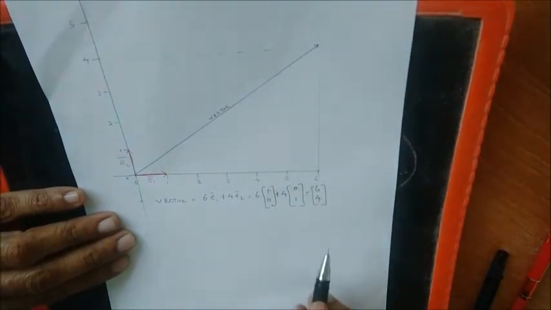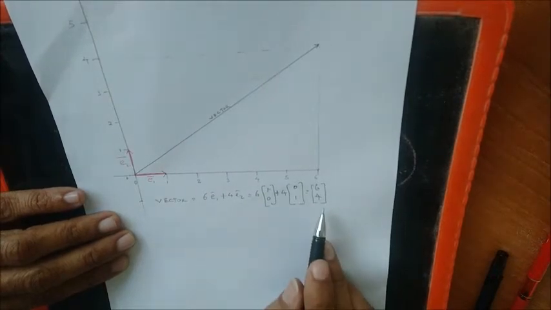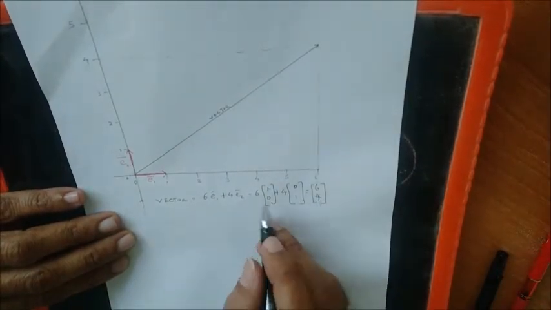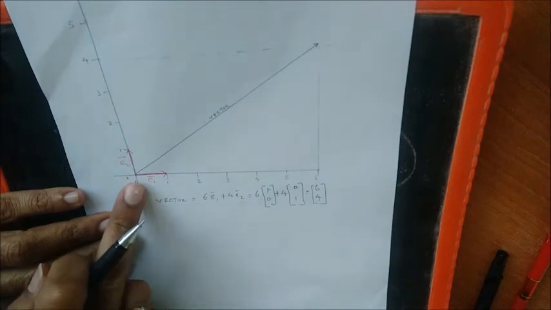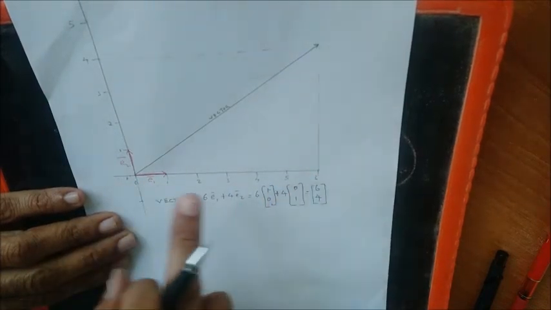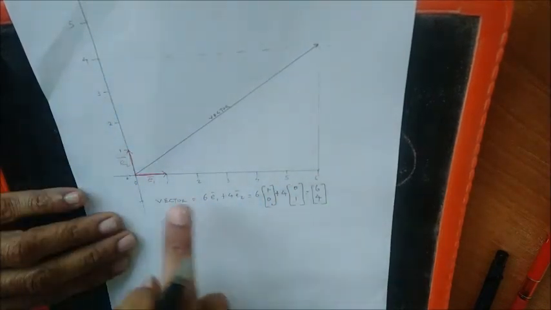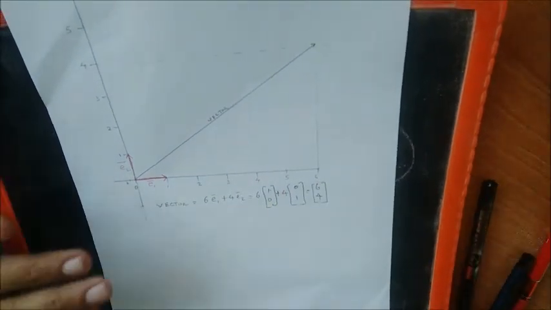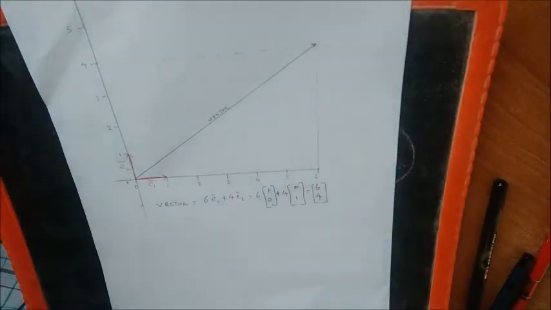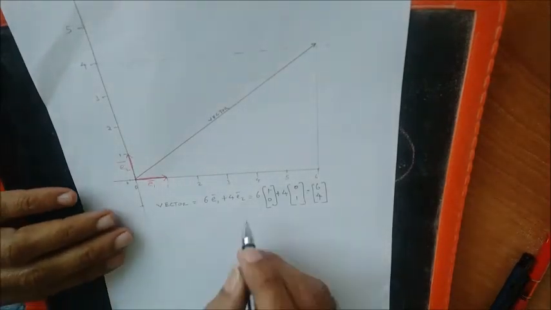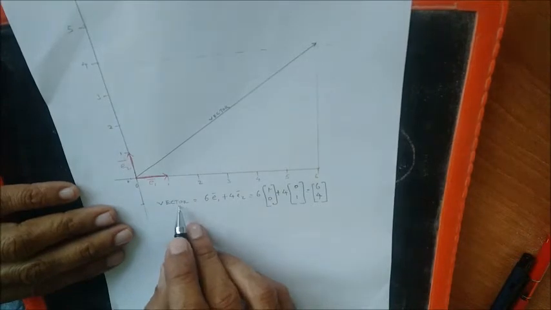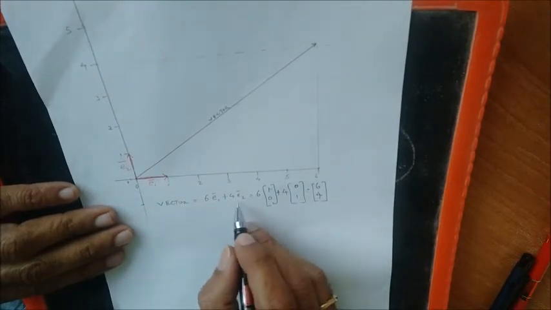Now this 6, 4 is the number of times you have magnified E1 and the number of times you have magnified E2. The number of times you have magnified E1 is 6 and the number of times you have magnified E2 is 4. That is called the coordinates of this vector as per this basis.